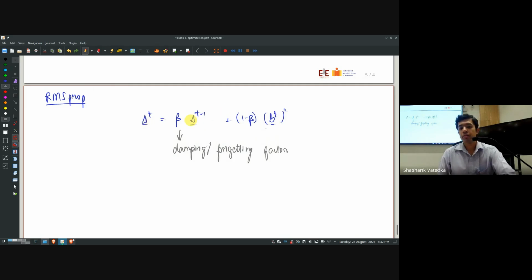So for example, the term corresponding to b_0 would be weighted by beta to the power t minus 1.